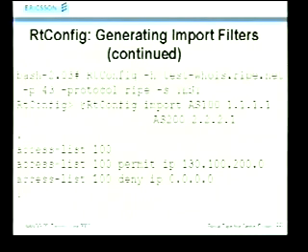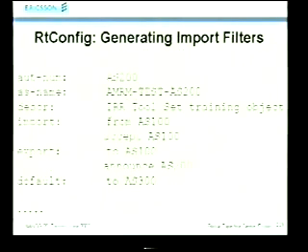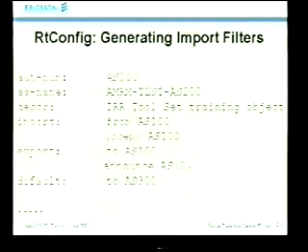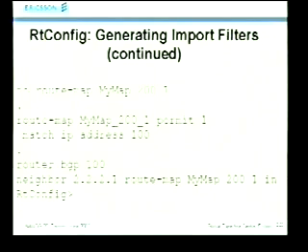In other words, it's looking at this line, okay? It's looking at this line to generate these access lists and this route map.